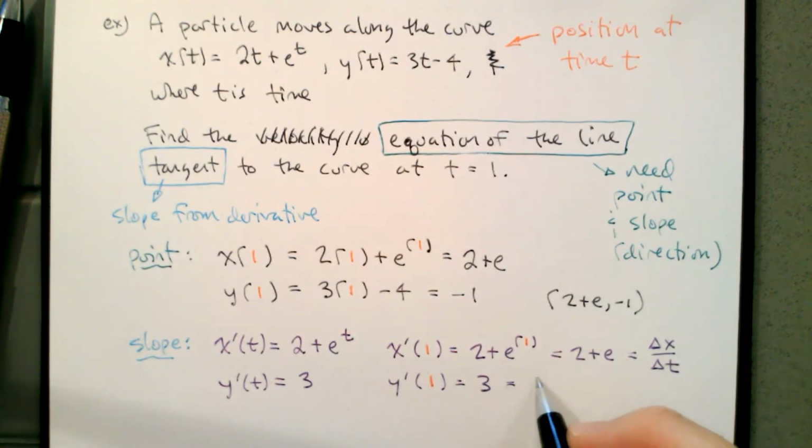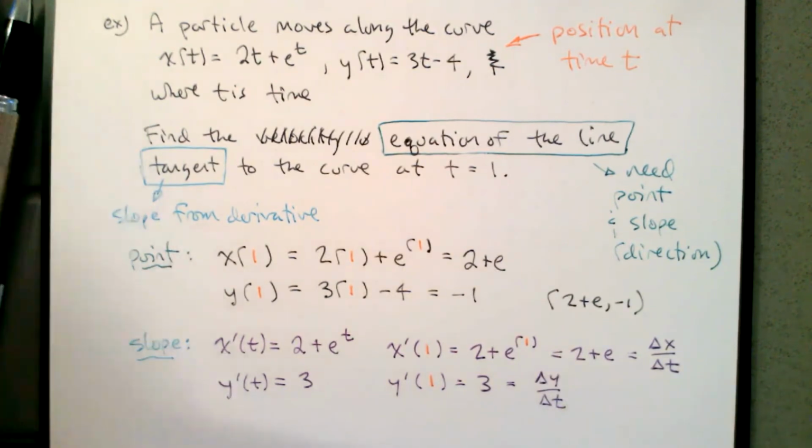This is going to be the change in y with respect to t. So now we have to decide, are we going to write the equation of the line with parameters, or are we going to write the equation of a line in point slope form? It makes sense to parameterize it because our curve is parameterized.